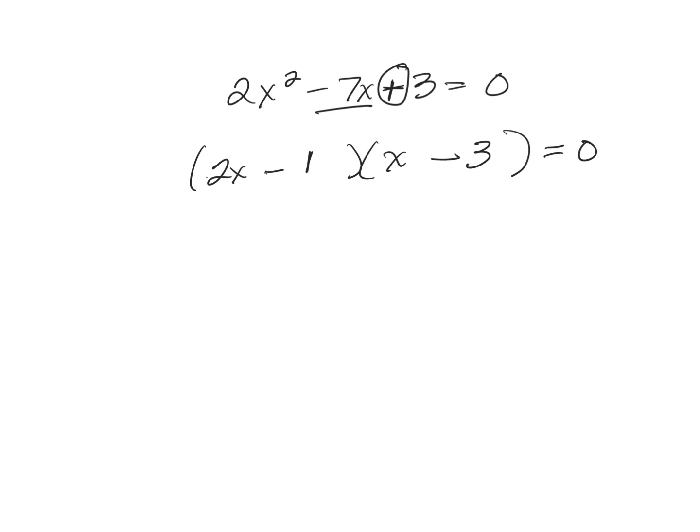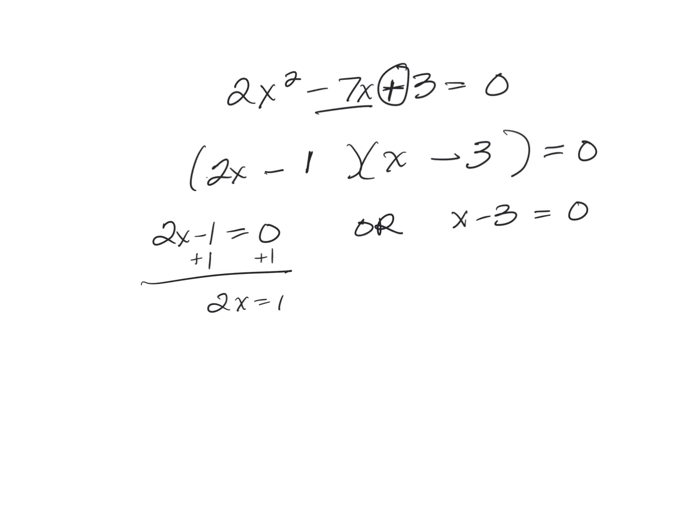The only way a product can be 0 is if one of its elements is 0. So either that needs to be 0 or this needs to be 0. So either 2x equals 1 or x equals 3. So either x is 1/2 or x is 3.